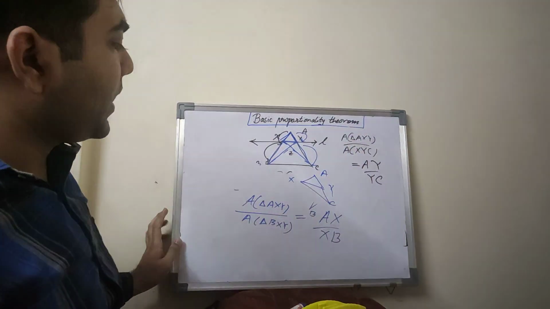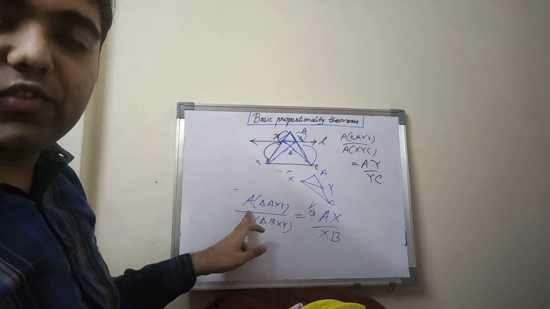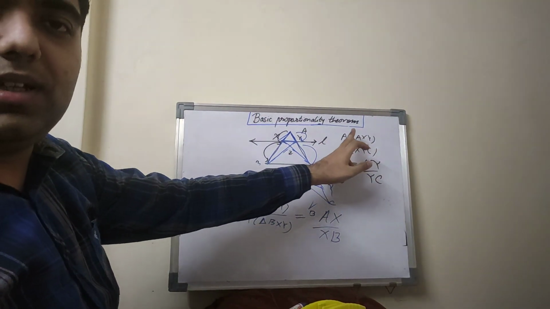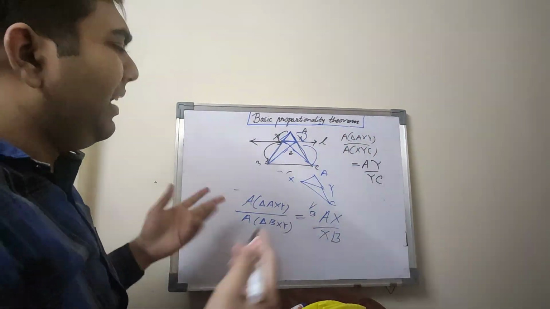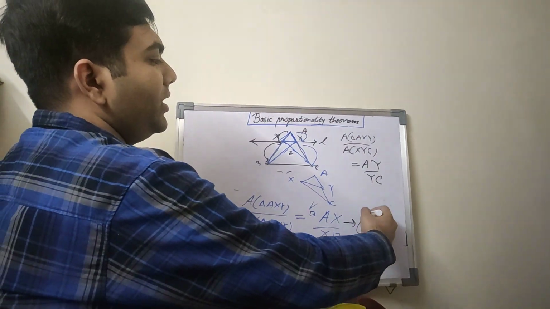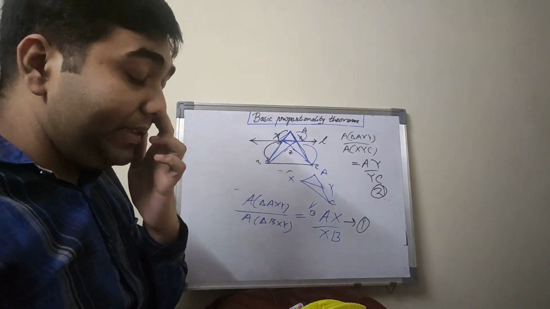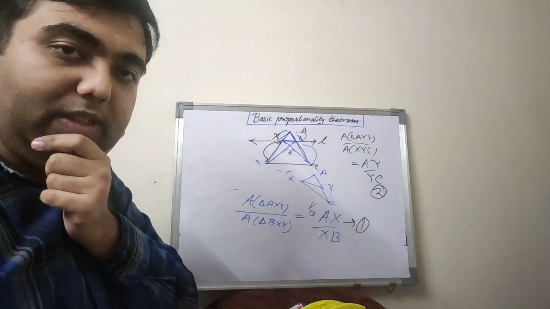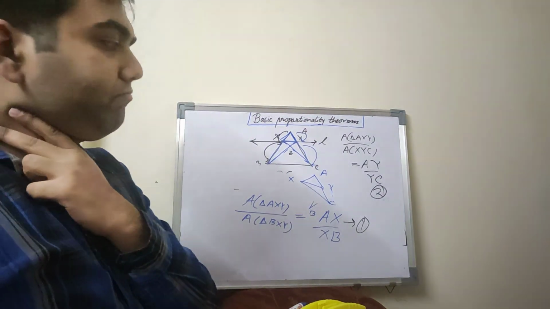Now you see the area of triangle AXY is appearing in both these equations. Let me just name them equation 1, equation 2. Now the final step will be to take two more triangles. What triangles should I take?